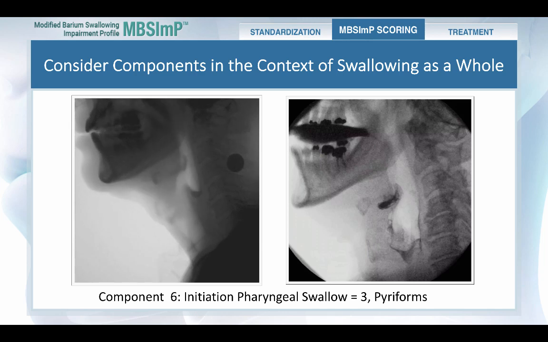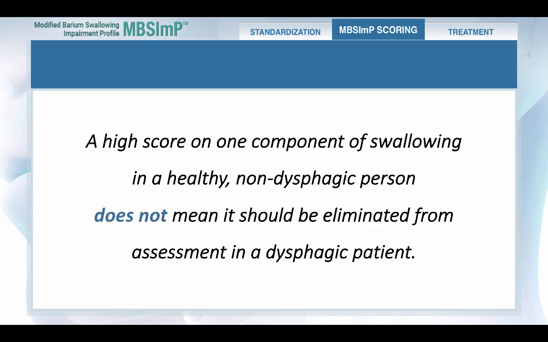This occurs particularly on component 6 with a larger volume liquid bolus. Variation in one isolated component in a non-dysphagic individual does not imply its lack of clinical relevance or justification for excluding that component on a swallowing assessment tool such as the MBSImP.